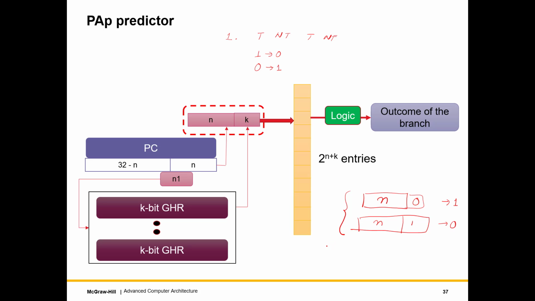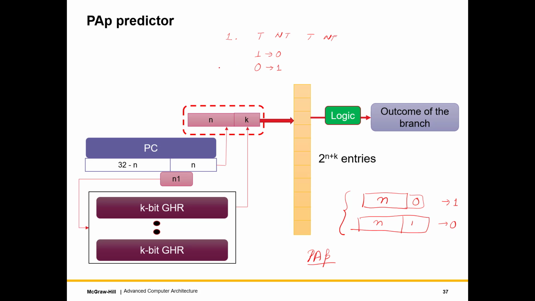So what we see is that some of the major issues that we had with a traditional bimodal saturating counter or GAP predictor, the PAP predictor is able to fix most of them rather well. One reason for this is that it is able to capture certain patterns very well, which other predictors could not.